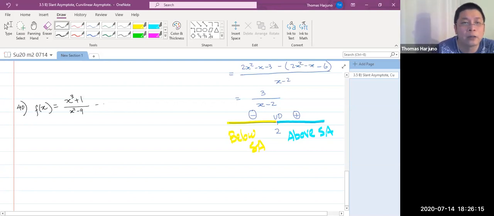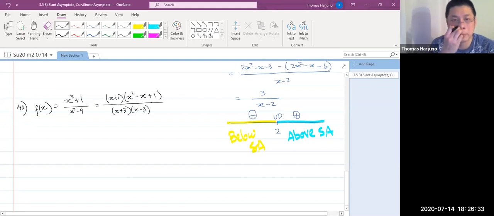If we factor this, it will be on the top a sum of cubes. Don't forget that: x plus 1, x squared minus x plus 1, over x plus 3, x minus 3.